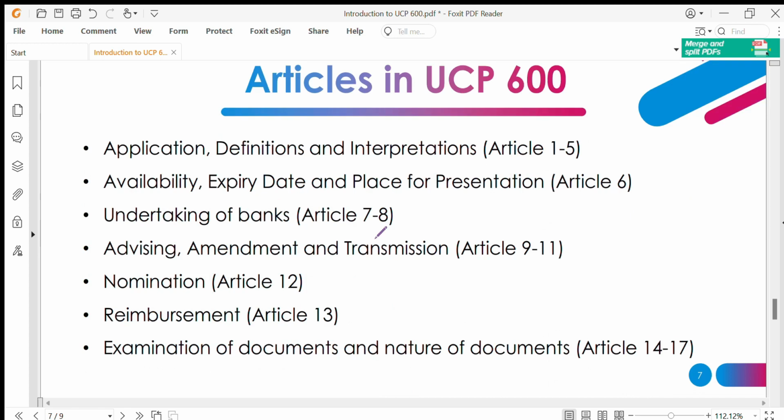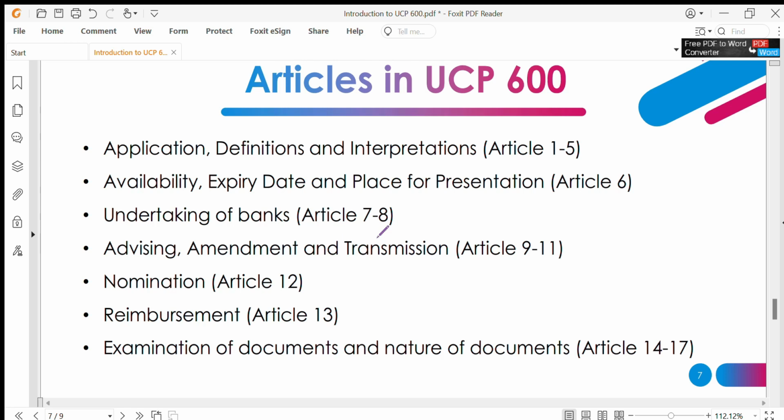As I told you before, UCP 600 includes 39 articles. The first 5 articles, Article 1 to 5, stipulate the application of UCP 600, their definition and interpretation. Remember what I told you earlier? Definition and interpretation was not there in UCP 500 but was newly added in UCP 600.